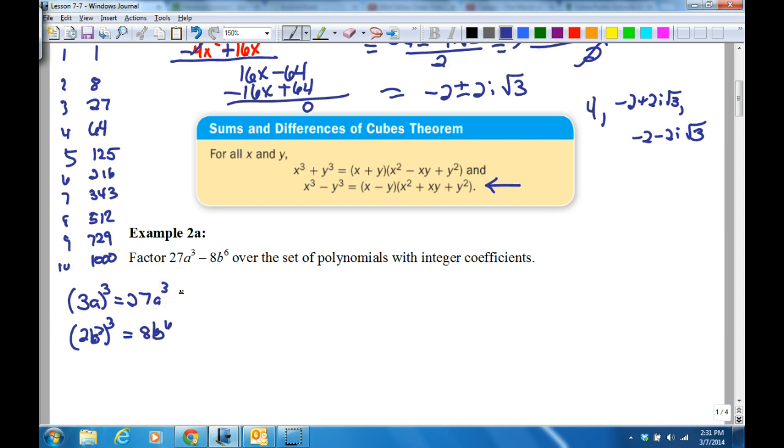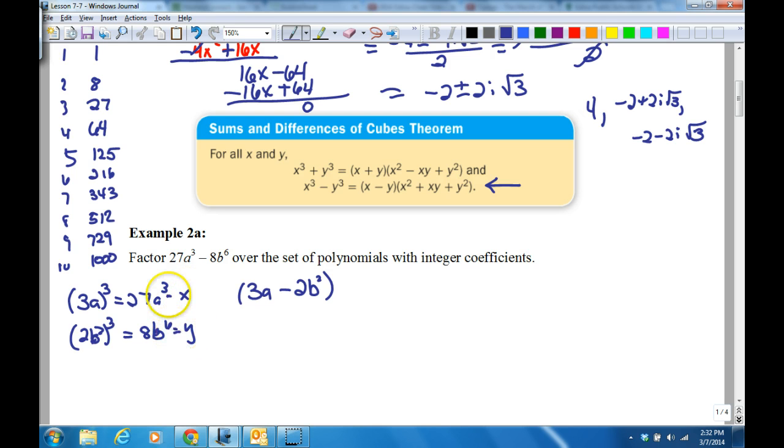If you cube that, you get b to the 6. My first part is x minus y, so my x value is 3a minus 2b squared. This is my x value, this is my y value.